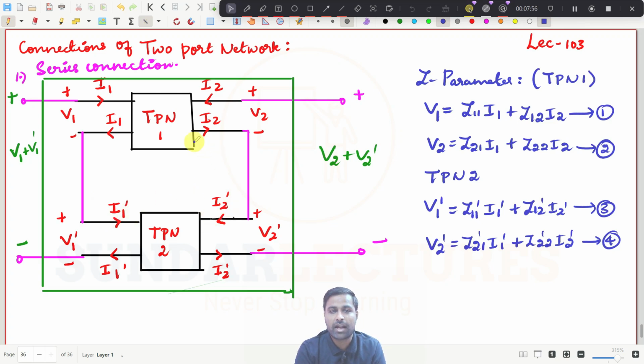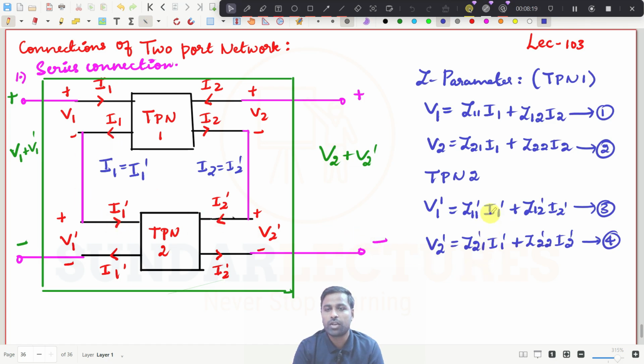And you see here, I2 is coming in, and then it is going here. See, try to understand here. I1 is equal to what? I1 dash. And you see here, I2 is equal to what here? I2 dash. Both are same, right? Here or here, both are same.